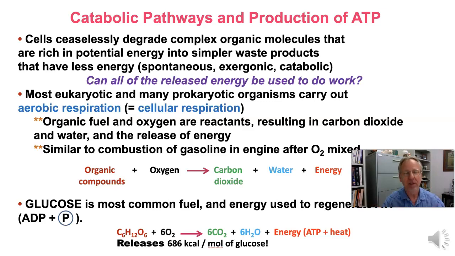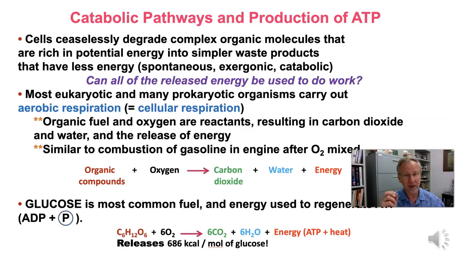Cells take complex organic molecules that are full of energy, and cells break them down into smaller components, specifically carbon dioxide and water. And in the process of a catabolic reaction, energy is released.